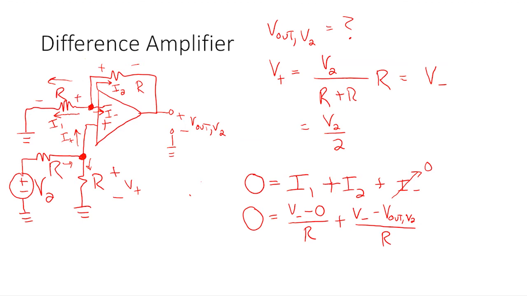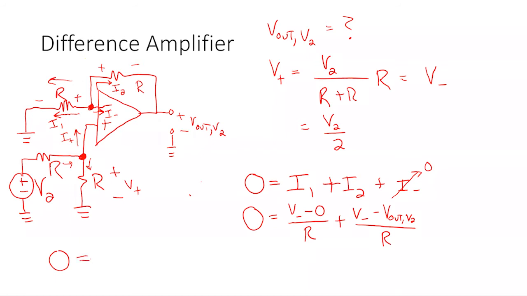Now, in this particular case, V minus and V plus are the same, so I put in V2 over 2. With this expression, I can see the R's go away.